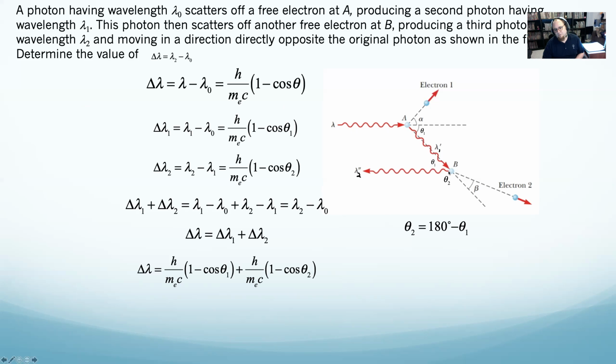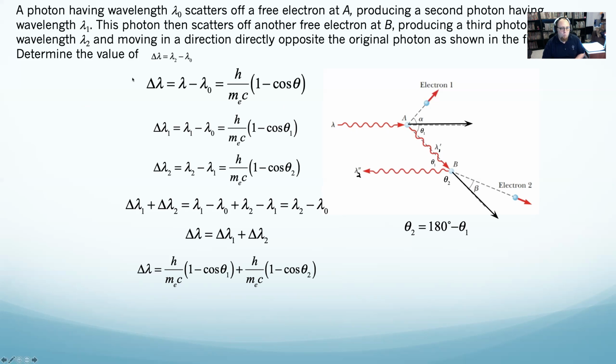Oh, sorry, theta 2 is this angle. I actually marked the wrong angle for theta 2, and I'll explain why. The angle should be the angle between where it was going and where it went. That's why this is theta 1. Theta 2 is actually this big angle. It's 180 minus theta 1, because it's the angle between where it was going and where it ended up.